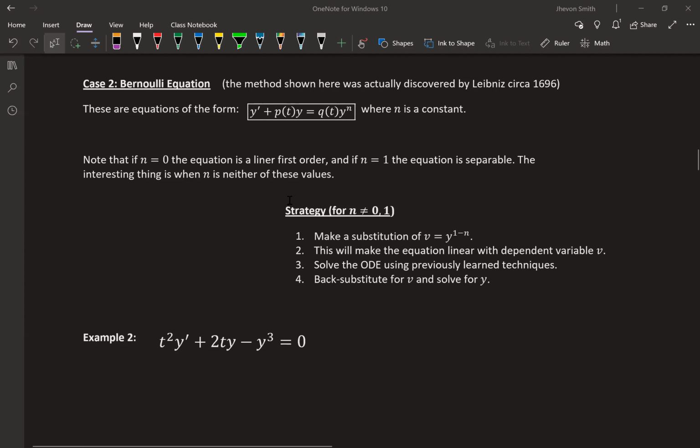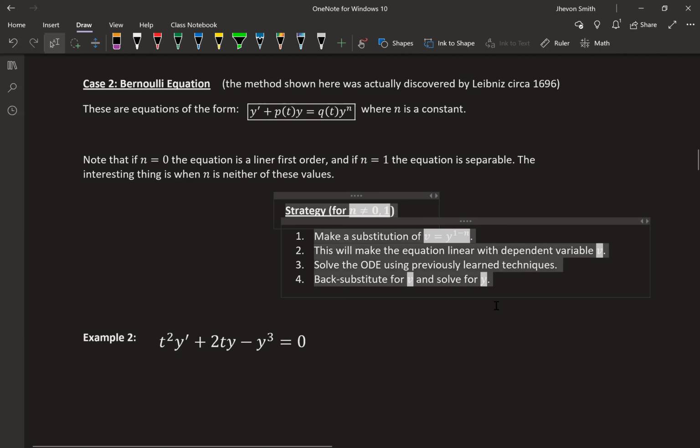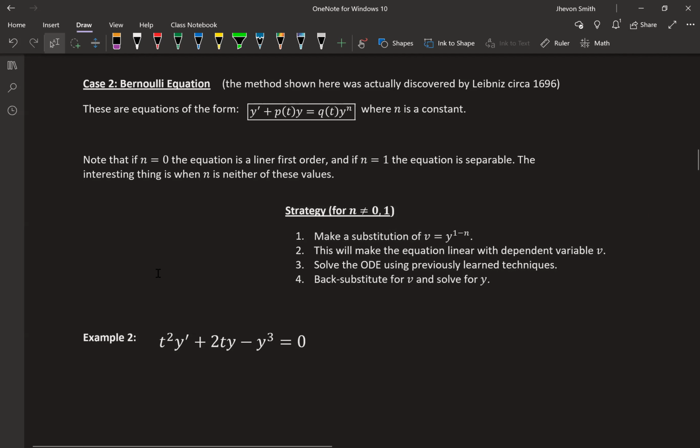It turns out we have a nice strategy for this one, which is the strategy discovered by Leibniz. Basically, you're also going to do another substitution, but you're going to do this substitution specifically. V equals y to the 1 minus n. And you're going to realize why this is actually useful as we're going through.